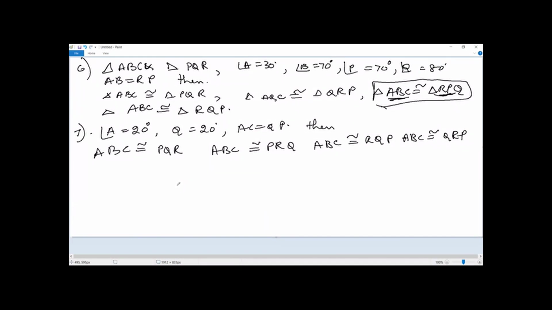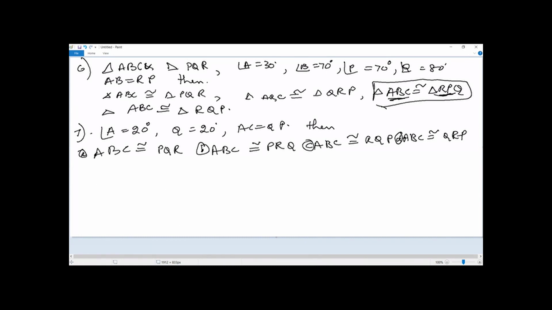A equals 20, Q equals 20, AC equals QP. Which is the correct option? A, B, C, and D. Mahantesh has to tell. Everybody will write.